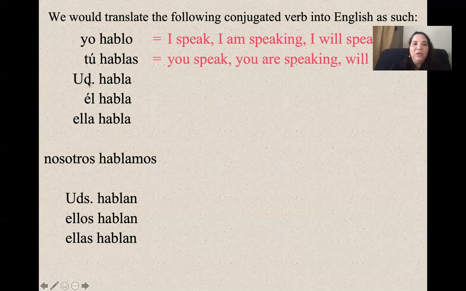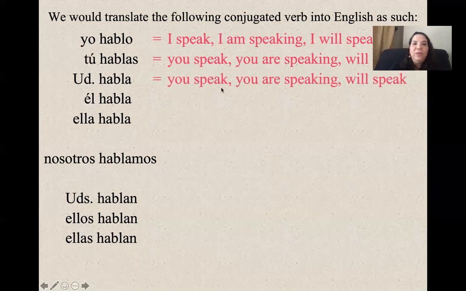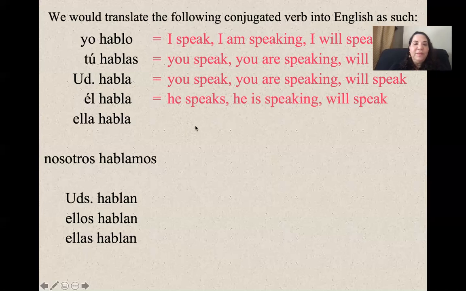Usted, which is used to show respect, you speak, you are speaking, will speak. Él habla could mean he speaks, he's speaking, he will speak. Ella habla, the same. She speaks, she is speaking, or will speak.